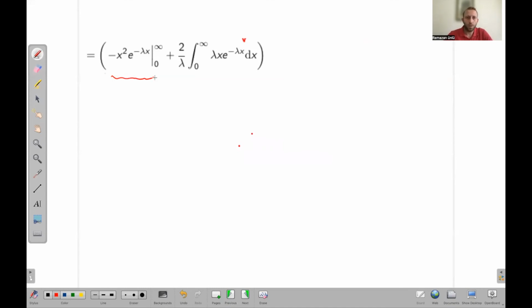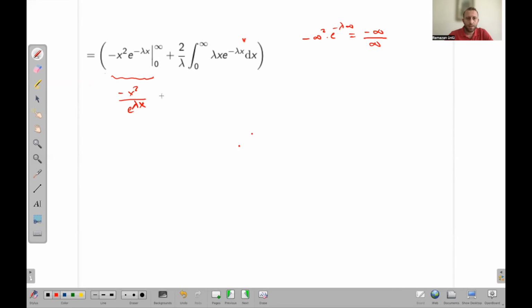I will end up with 0. But if I put infinity, that will be minus infinity squared times e to the minus lambda infinity. That will be undefined because the result will be minus infinity divided by infinity. So I can rewrite this part as minus x squared divided by e to the lambda x, and I can apply the L'Hopital rule.